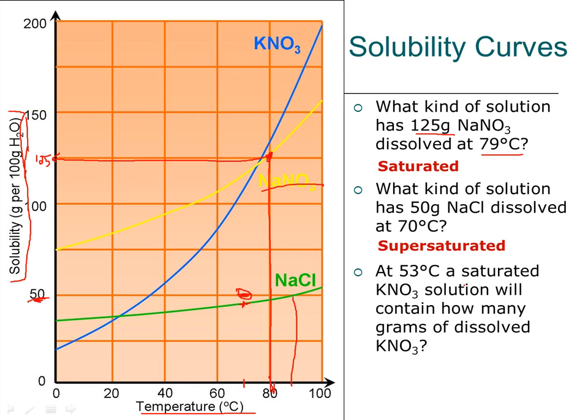At 53 degrees, a saturated solution of potassium nitrate, how much does it have in there? So let's say there's our 50 degrees. Let's follow up to our line. I'm looking at the wrong one here. Right here, because the blue line is the potassium nitrate, that's what I want to be looking at.